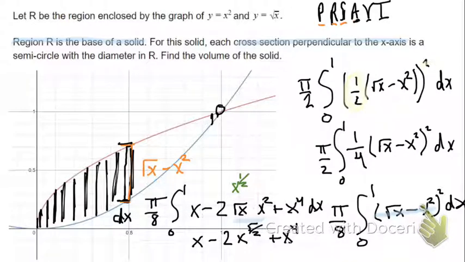So I still need my dx at the end there. So I'm going to take the integral from 0 to 1, and I still need to multiply my pi over 8 out front.